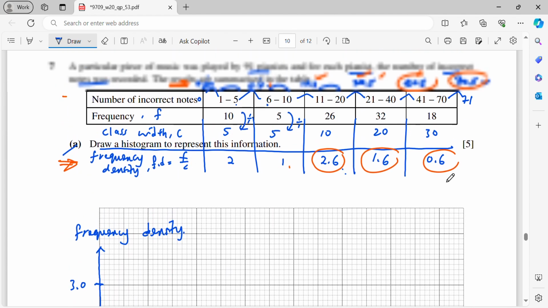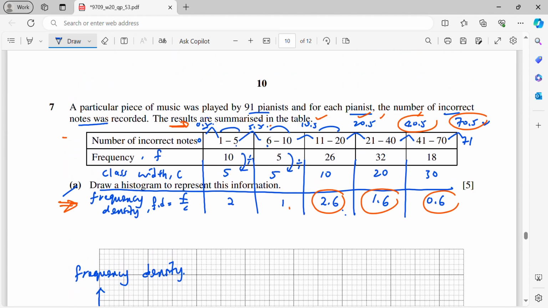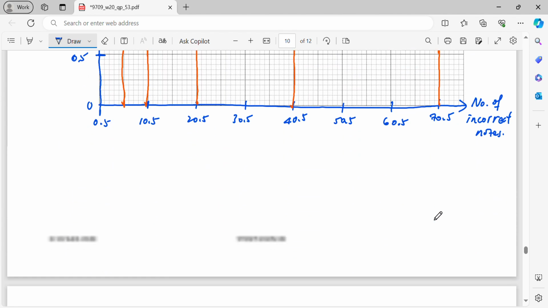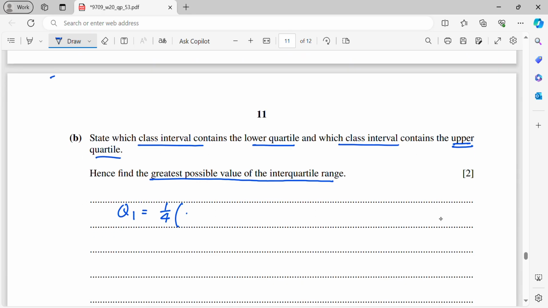The total is 91. Because this is grouped data, just times 91. No need to add plus 1. So this is 22.75.